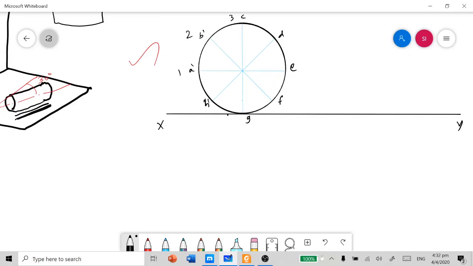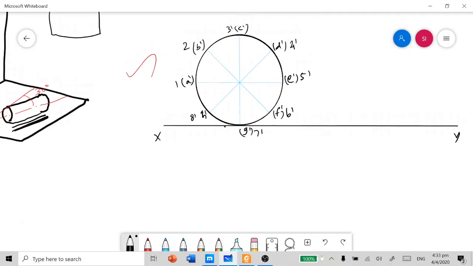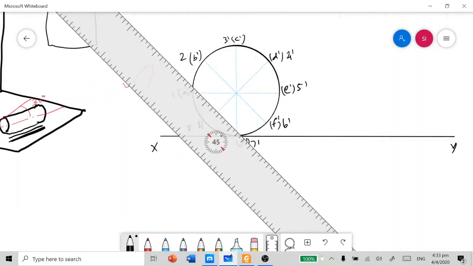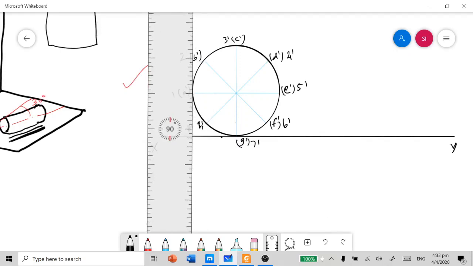Everything has to be mentioned with a dash since it is a front view, and the alphabets go inside the bracket. Now we have to project each and every point in the base view towards the top view.